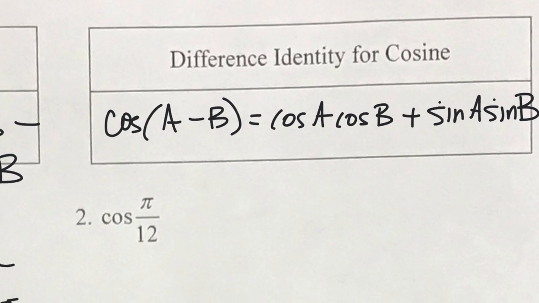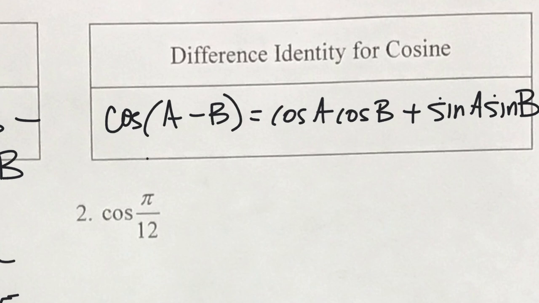So now let's look at a problem. This says find the cosine at pi over 12. Also not a unit circle angle. Since it's under the subtraction part, I'm going to think about two angles that might subtract from each other to get pi over 12. This is how your brain needs to start thinking about these things.